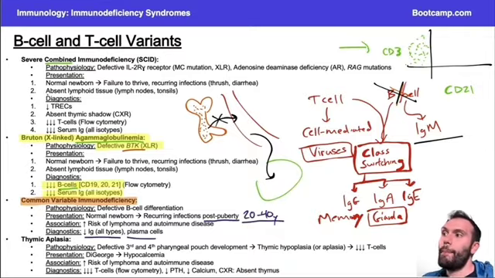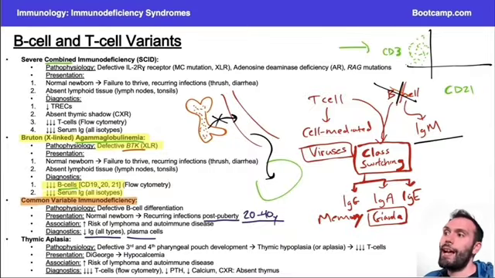The pathophys here is also a little bit different. With Bruton's, we were basically saying we can't get any of those B cells out of the bone marrow, so we effectively have no B cells. The difference here is that in common variable immunodeficiency, we actually have B cells. We have normal levels of B cells. So on flow cytometry, we wouldn't expect to have no CD19, 20 or 21 markers; we would see them.